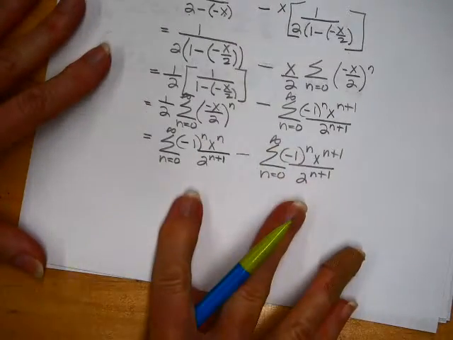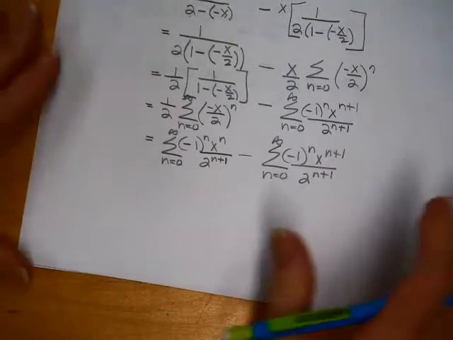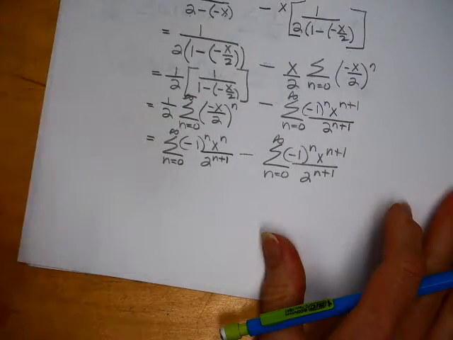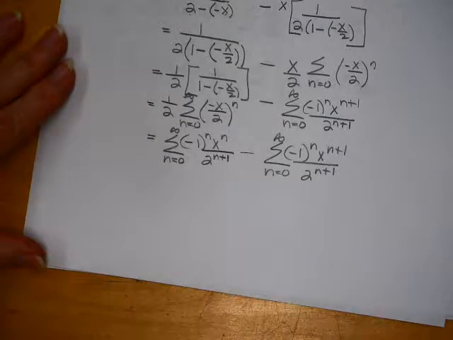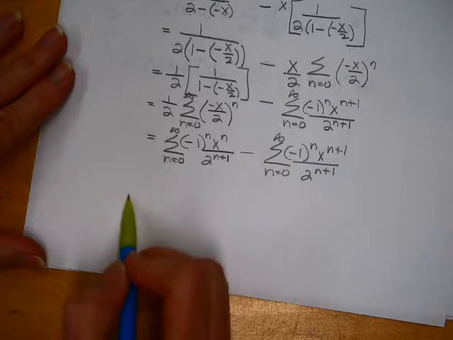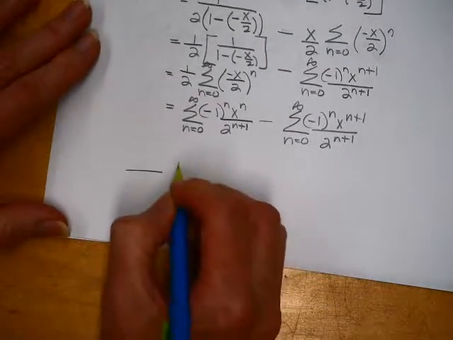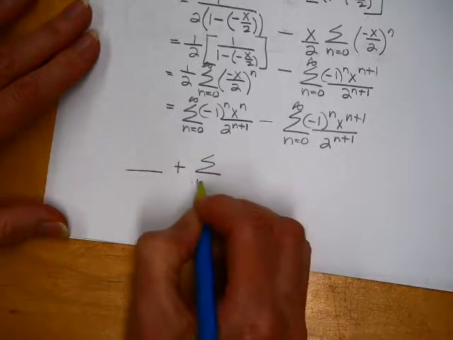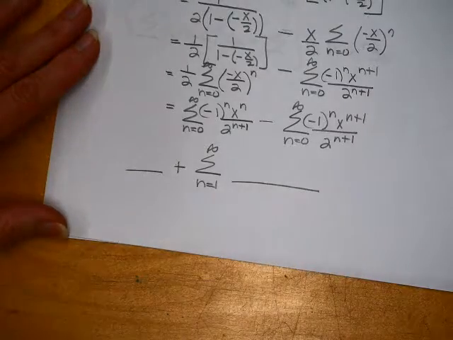Alright, everybody follow that? The one that you have that's like this on your homework, I believe it's either problem 5 or problem 6. They do not want the answer like this. In fact, what they do is they have a constant, a number, plus the sum from n equals 1 to infinity, and then they've got a blank.